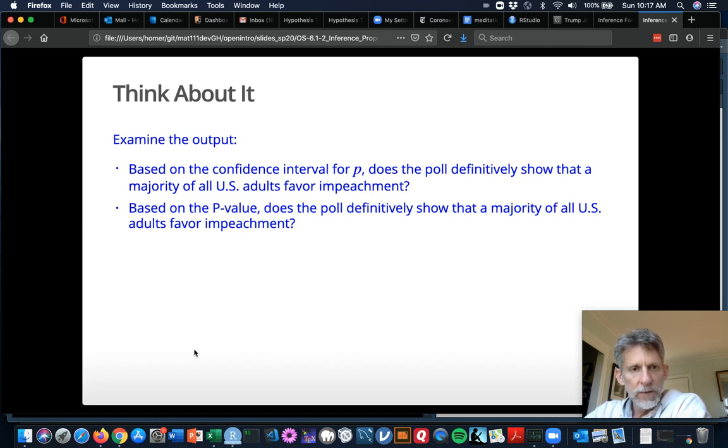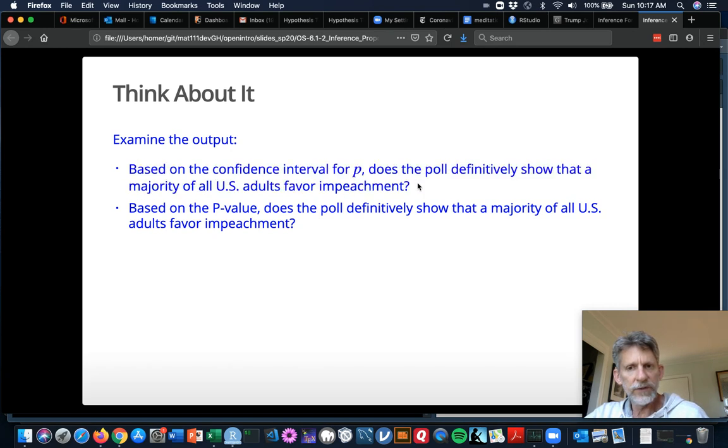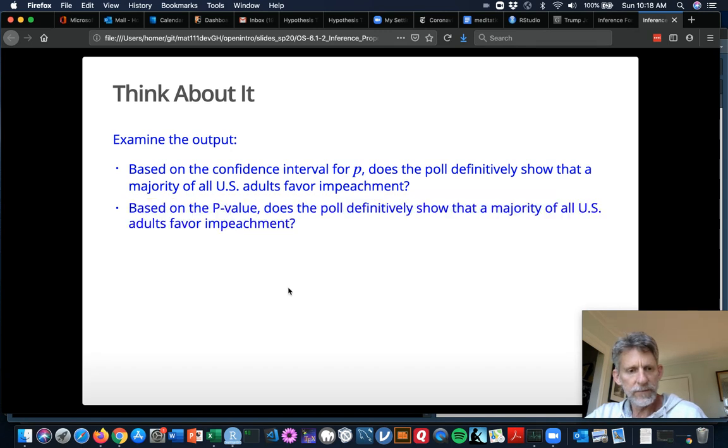But looking at the output, try to answer two questions. Based on the confidence interval for P that's shown, does the poll definitively show that a majority of all U.S. adults favor impeachment? And based on the p-value, does the poll definitively show that a majority of all U.S. adults favor impeachment?